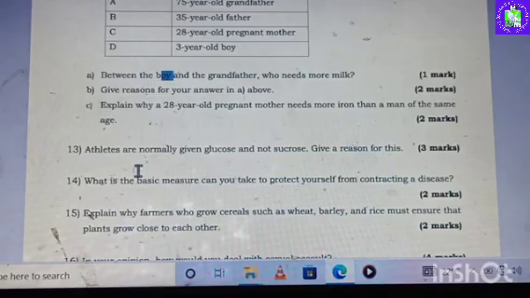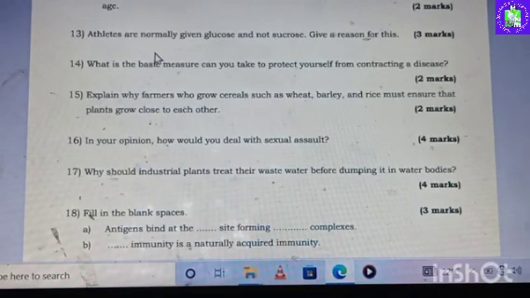Okay, question number 13. Athletes are normally given glucose and not sucrose. Give the reason. The reason is that athletes need more energy, so they need simple sugar.